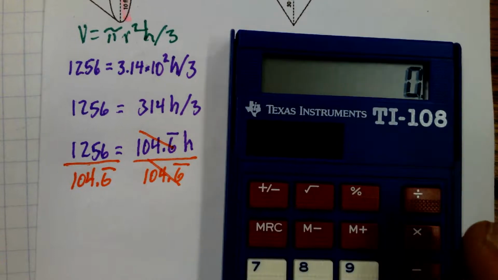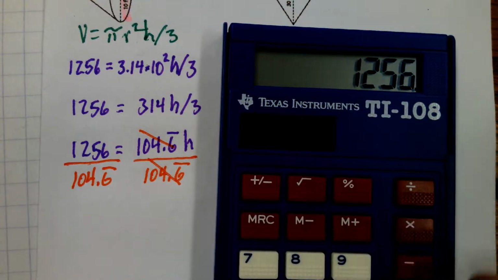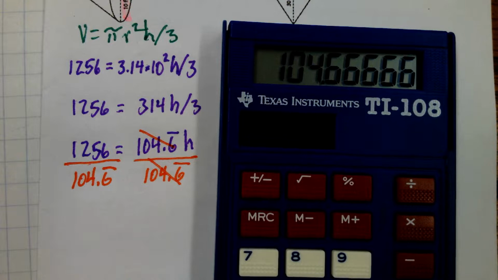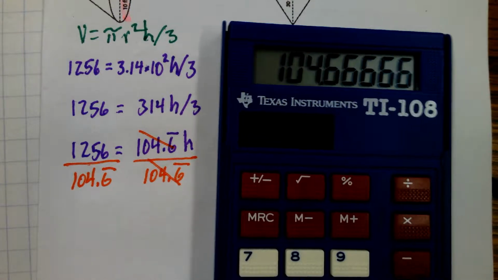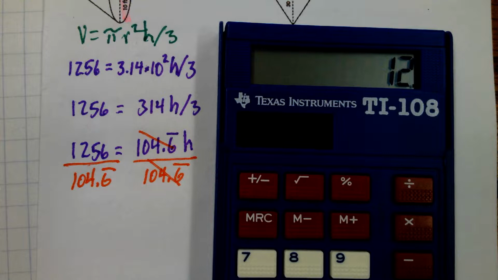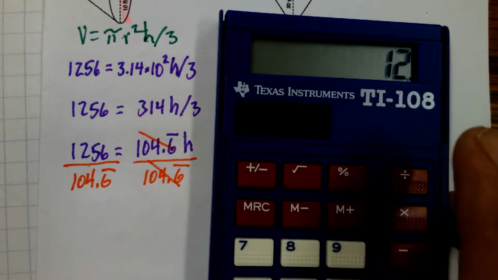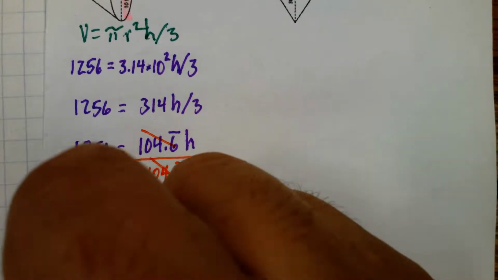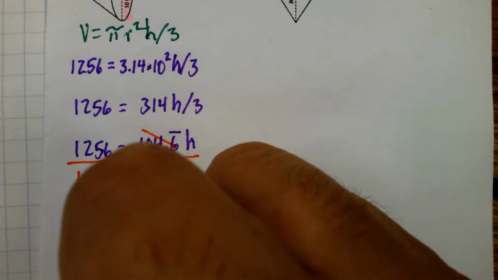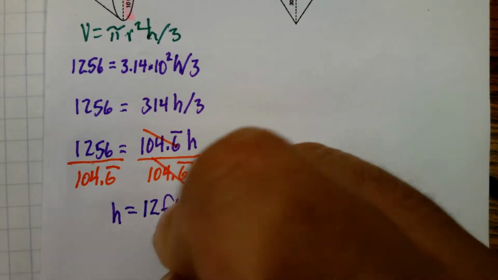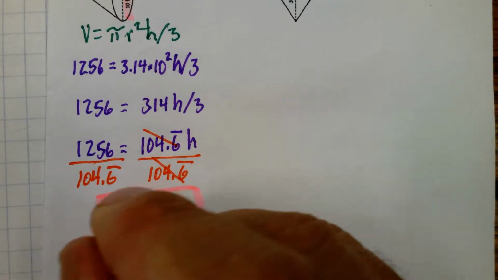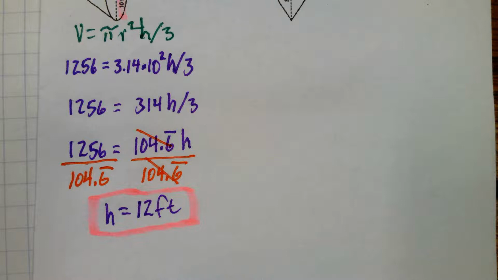We're going to do 1,256 divided by 104 point, just fill it up with sixes. And lo and behold, your answer is 12. Okay? So all of that gave us a 12. So now we know the height is 12 feet. So the height of that cone would have to be 12 feet.